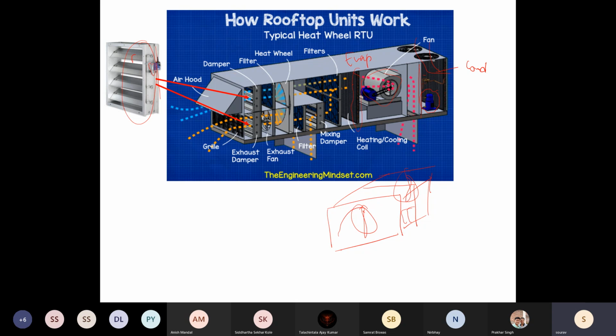Air is drawn in here, passes through the evaporator coil on this side, and exits through a small opening. You will see a big mesh in your window ACs, which is for suction. It passes through the evaporator coil and is blown back. You have the condenser coil on the back side, which is kept hanging outside for a window AC. So this configuration is quite similar to that.